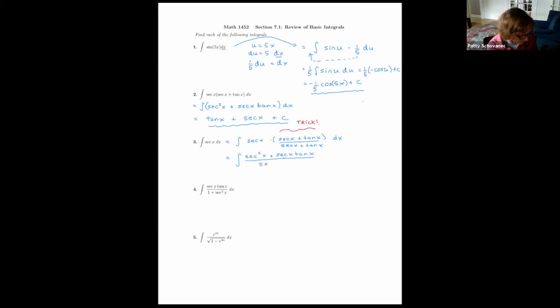And then on the bottom, I've got the secant of x plus the tangent of x, which was what I got as my value of that integral that appears on top in the previous problem. When I integrated secant squared plus secant times tangent, I got tangent plus the secant. That tells me I've got a u du integral here. I can take u to be the denominator, and du is going to be the numerator.